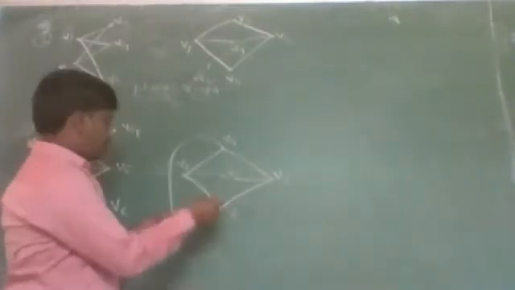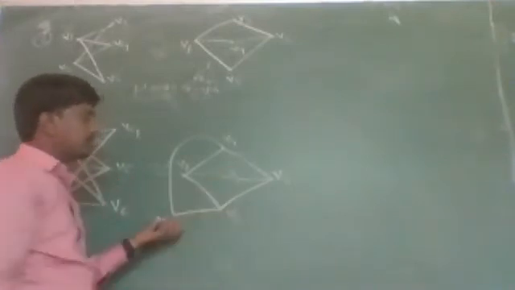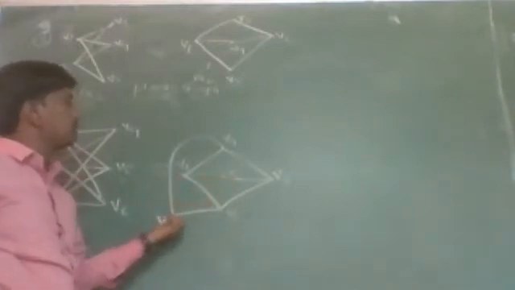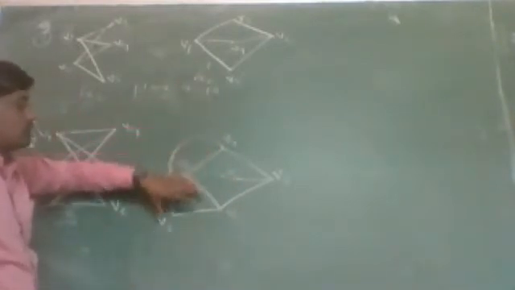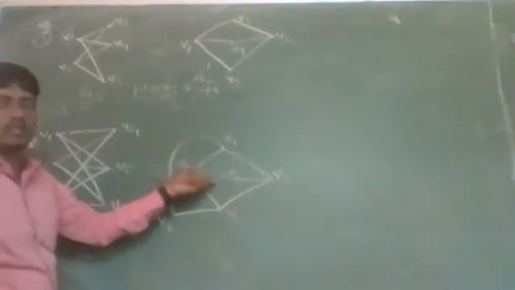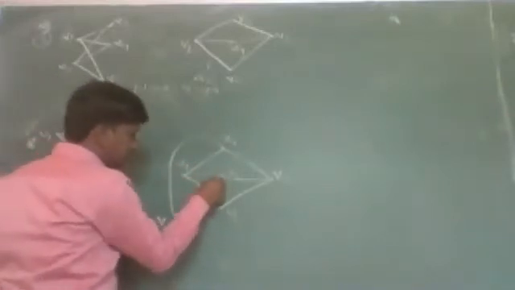But it is not possible to join vertex V3 with V5, since there is no path from vertex V3 to V5 to join V3 to V5 in such a way that there is no edge crossing between any two edges of the graph.